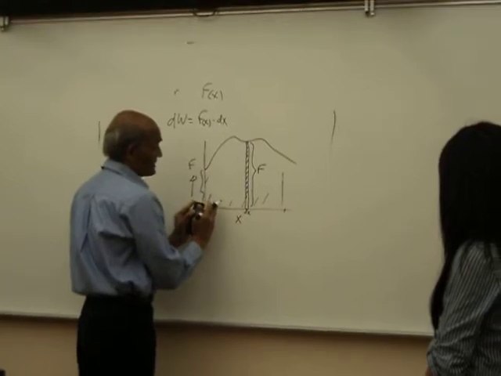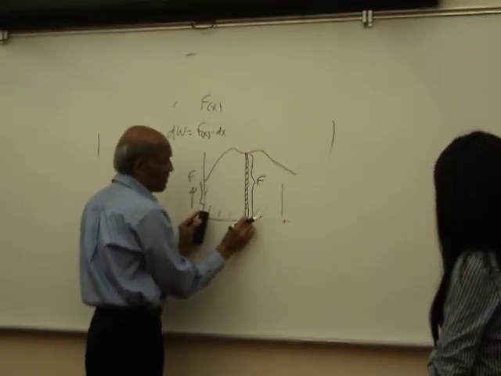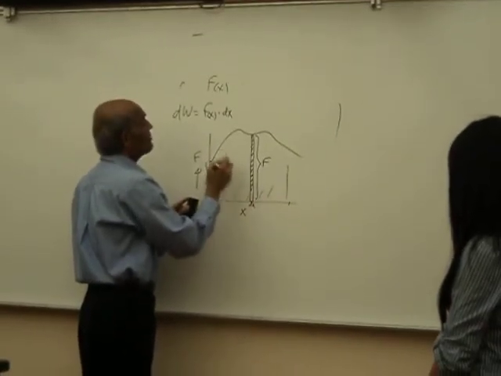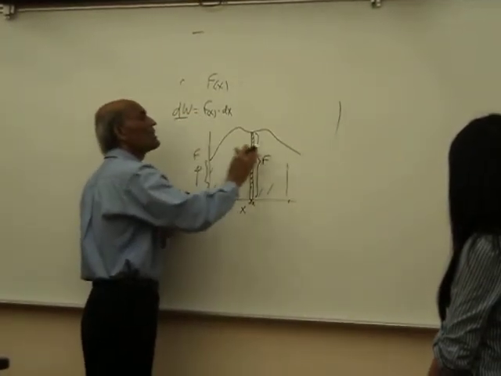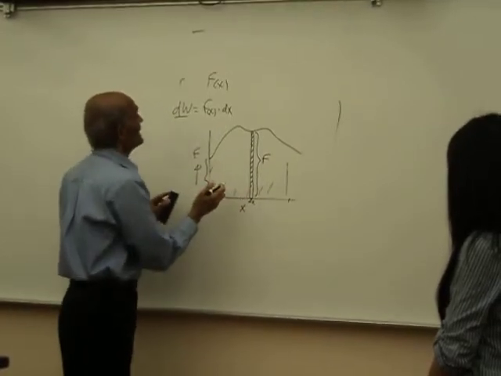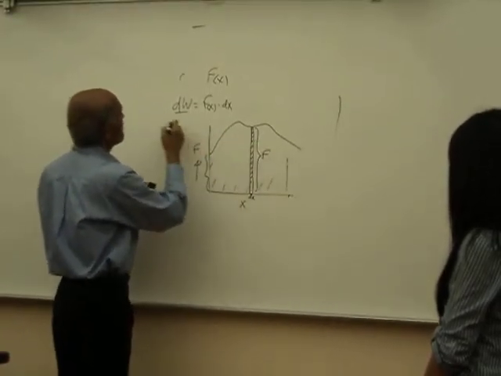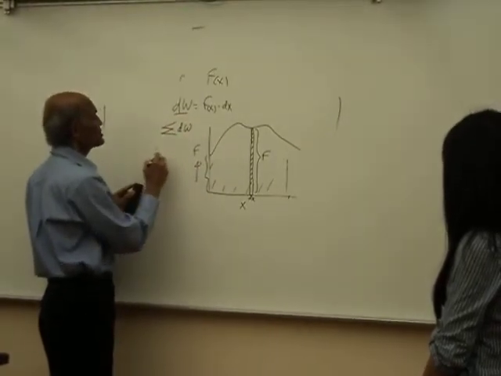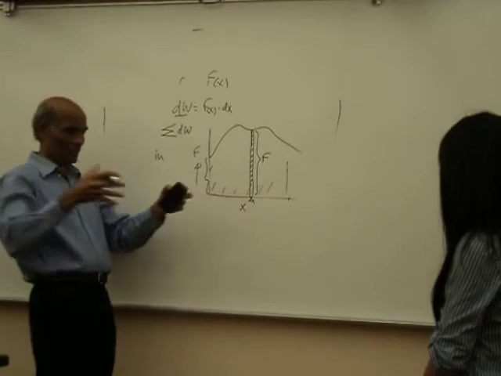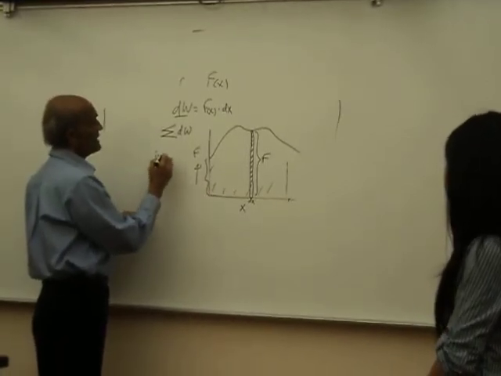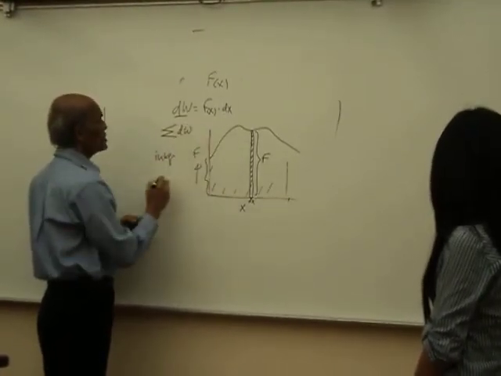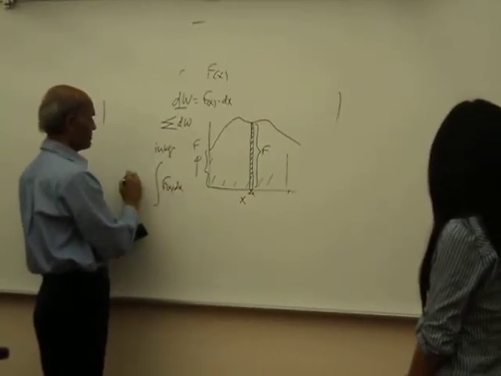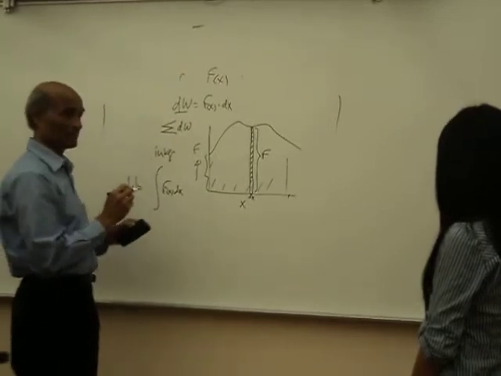You can now take this small interval anywhere under the graph, and if you add up all these dw's, you get the total work done. And this process of adding up or summing up all the dw's in calculus, we say, is integration. Integrate, put them all together. So we integrate all the dw, integrate dw or F(x) dx, and that will give you the total work.